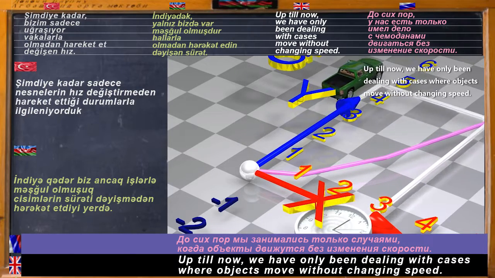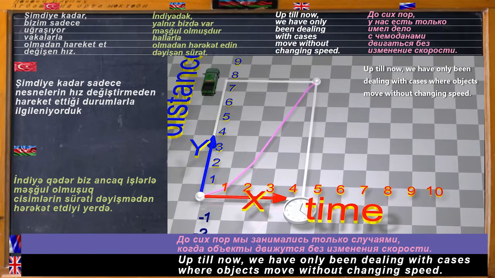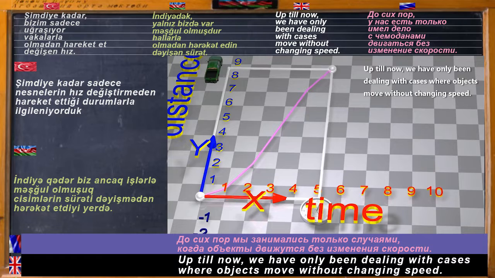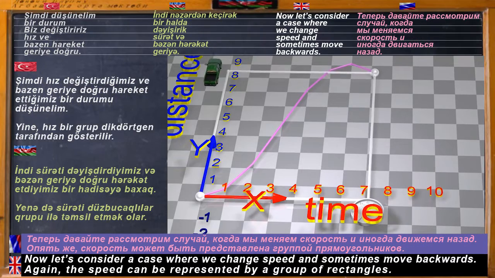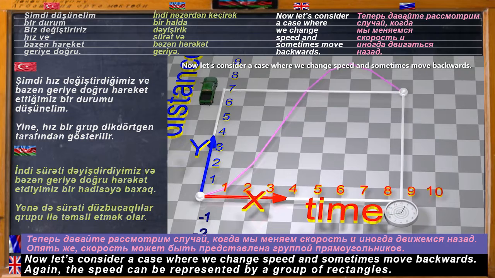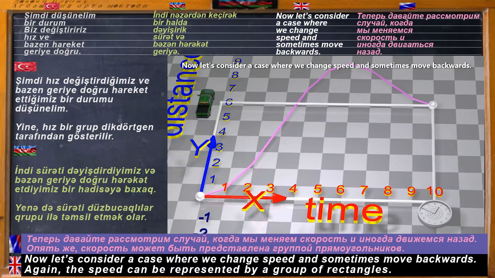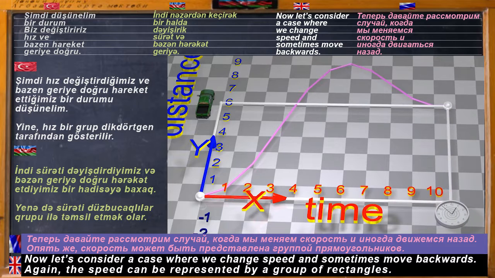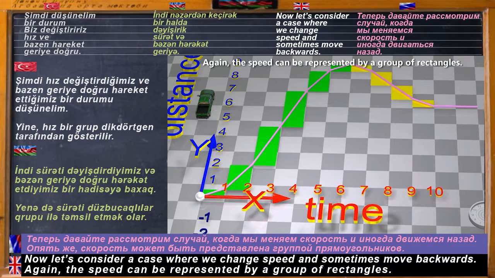Up till now, we have only been dealing with cases where objects move without changing speed. Now let's consider a case where we change speed and sometimes move backwards. Again, the speed can be represented by a group of rectangles.